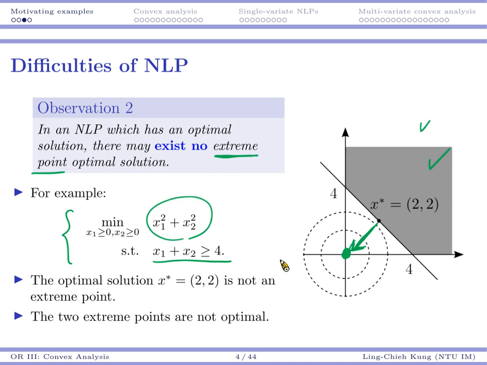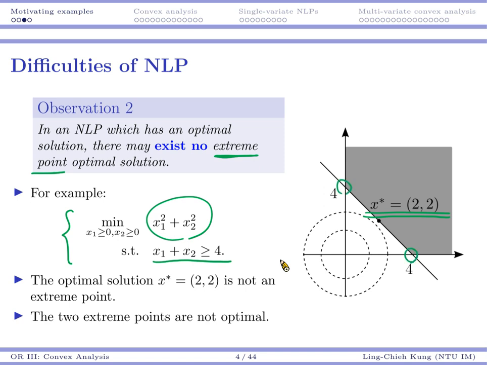So in this particular case, among all your feasible points, 2, 2 is optimal. And from the figure, you immediately see 2, 2 is not an extreme point. Somehow it lies at the boundary, but it's not an extreme point. Okay? The two extreme points are not optimal.